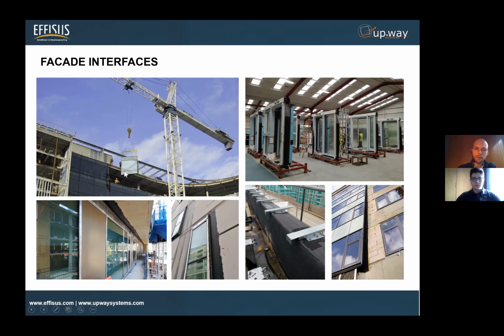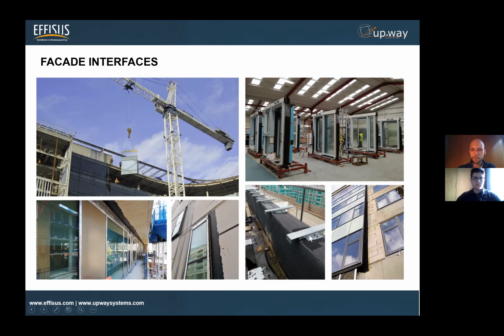But even there, you have interfaces to deal with. You have interfaces to deal with at the bottom floor, at the top floor, so the connection with the roofing, for instance, when you have an interface with a different kind of facade. For instance, if you change from a unit-type system to a rain screen cladding, we'll have many situations even in this typology of facade.